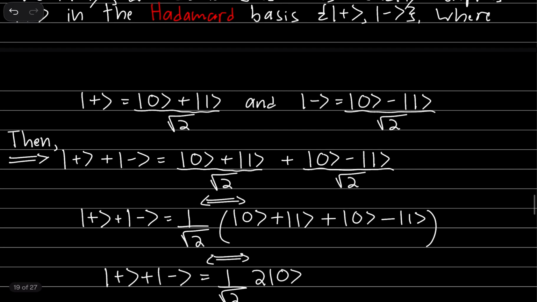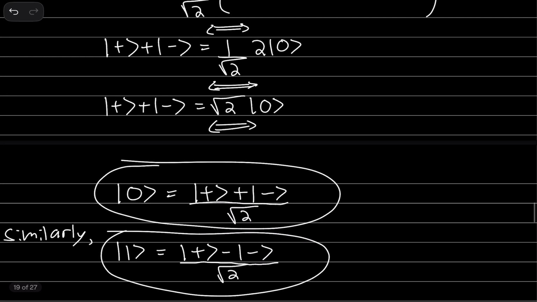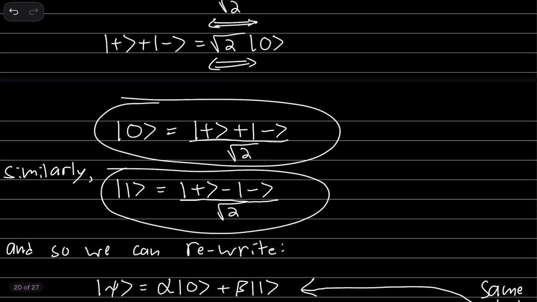And so if we want to rewrite ket 0 and ket 1 in terms of ket plus and ket minus, we can add ket plus and ket minus and carry out all this algebra. And what you'll see is that ket 0 is equal to ket plus plus ket minus over root 2, and ket 1 is ket plus minus ket minus over root 2.